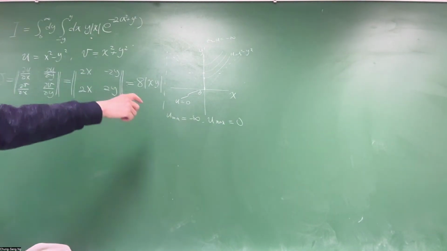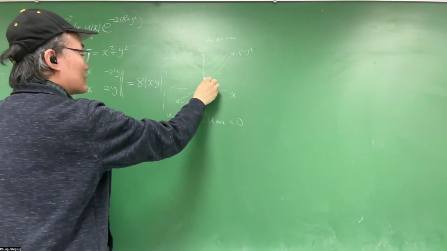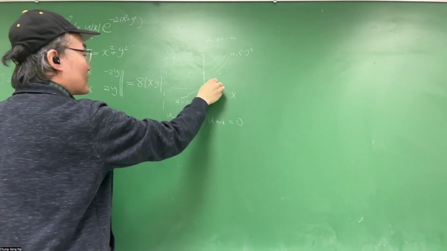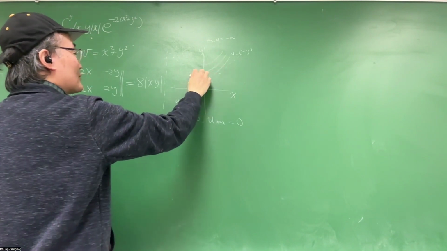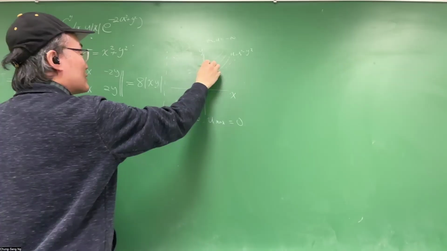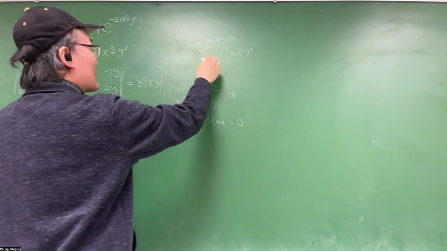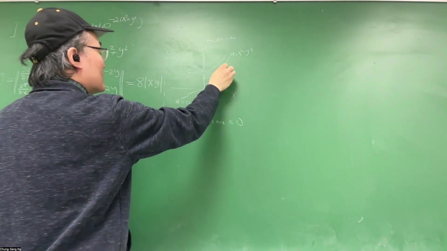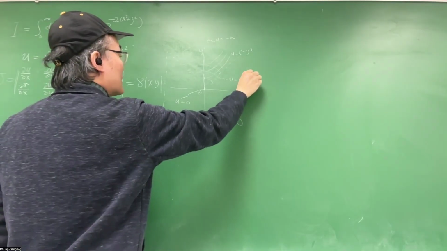And now for v, for constant v, these are circles. Like you can draw a circle, something like that. Not a very good sketch, but a circle. These are constant v. These are v equals x squared plus y squared.